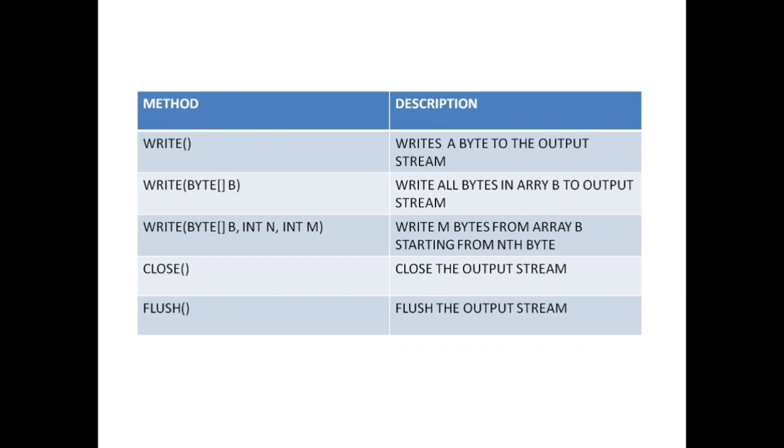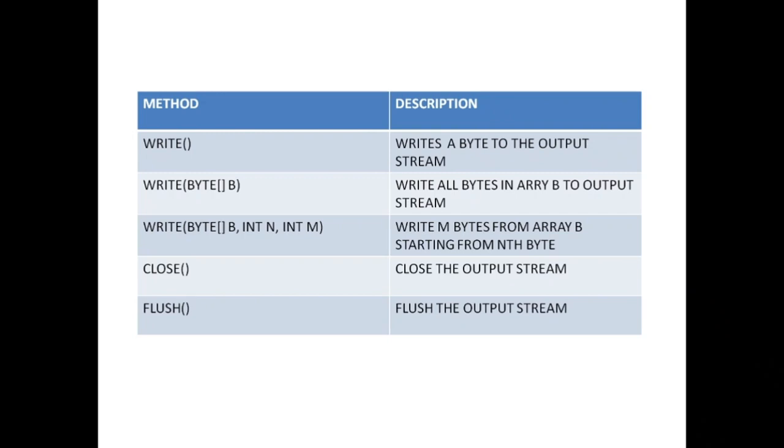Next is the write method, again with a different set of arguments. In this method we have the flexibility of choosing how many bytes of data and starting from which byte. We can write m bytes of data stored in the array b, starting from the nth byte.